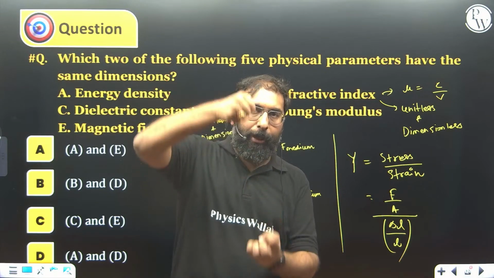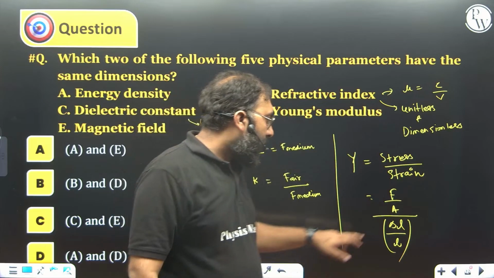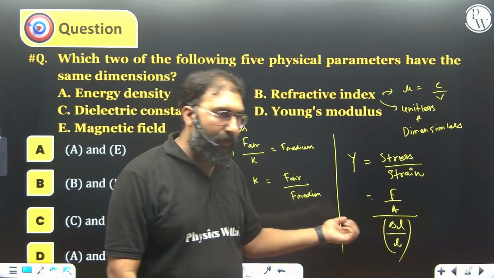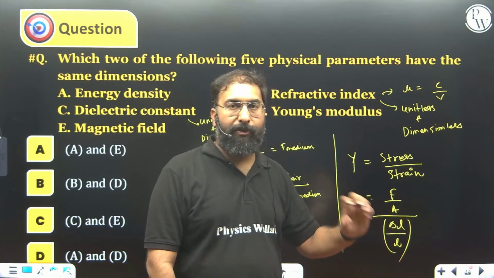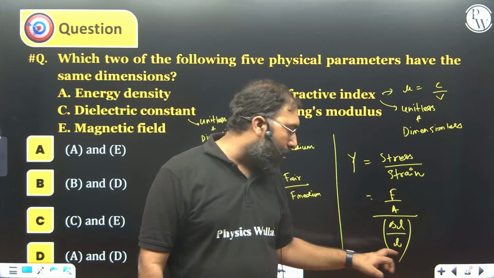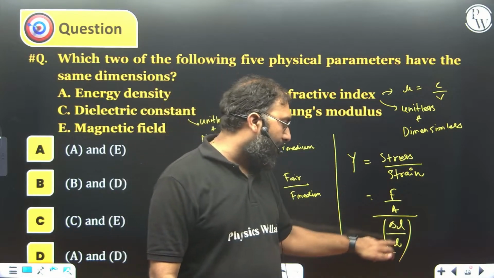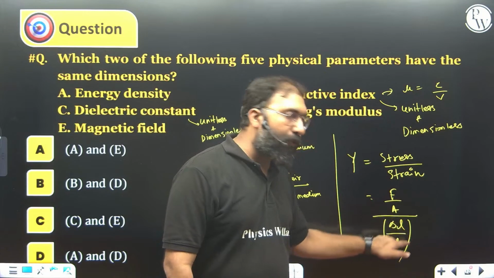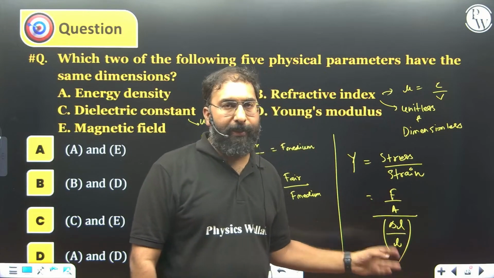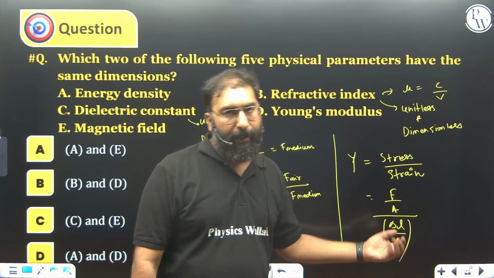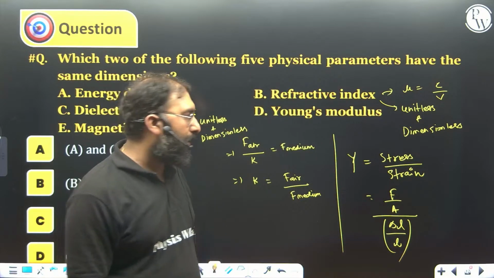It is trying to elongate the string. So in that case, let's say due to mg force acting on the string, the elongation produced in the string is delta L, and its original length was L. So the strain which has developed in that string will be delta L by L. So delta L by L is what? Dividing two similar quantities. Delta L is also representing length, and this is also representing length. So it again becomes unitless and dimensionless.